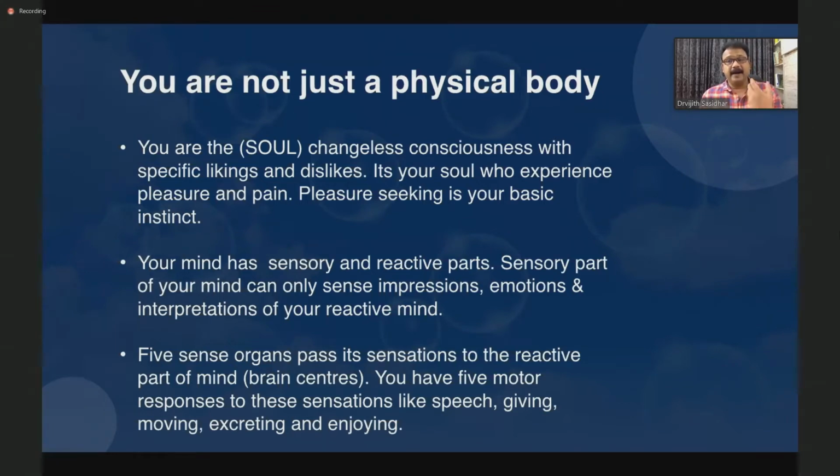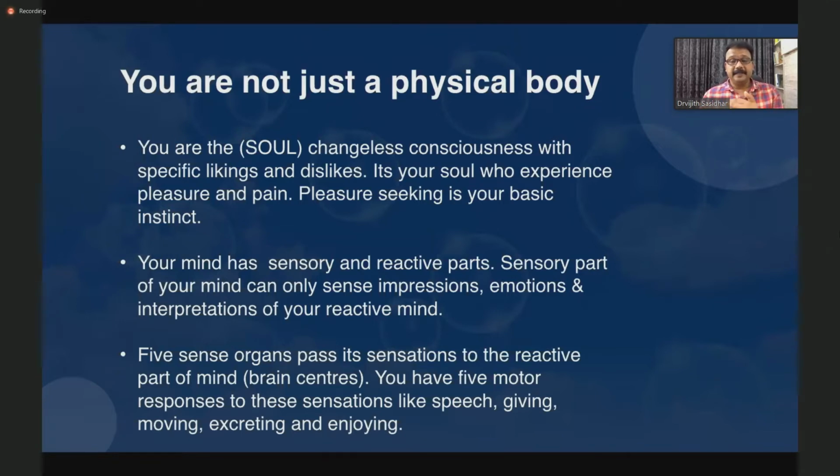And you have a mind. And mind is called a dual organ. A dual organ means your mind is sensory and reactive at the same time. So it has two parts. The sensory part of your mind is always watching and watchful.